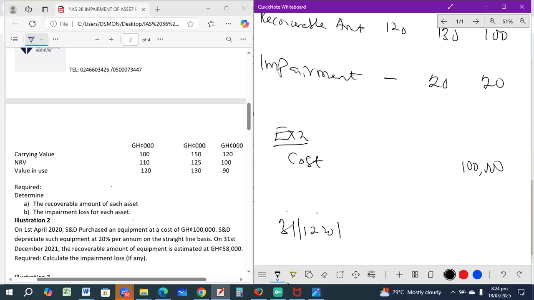So we have to determine the carrying amount of this asset on that date. In the first example, they gave us the carrying amount, the fair value less cost to sell, and the value in use. Now let us determine the carrying amount and compare it with the recoverable amount.